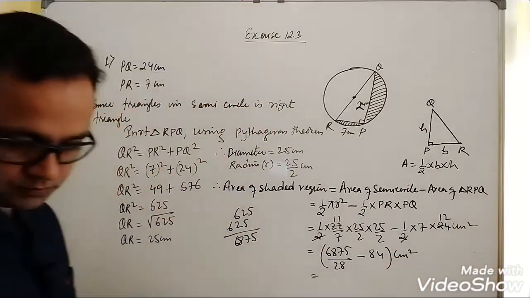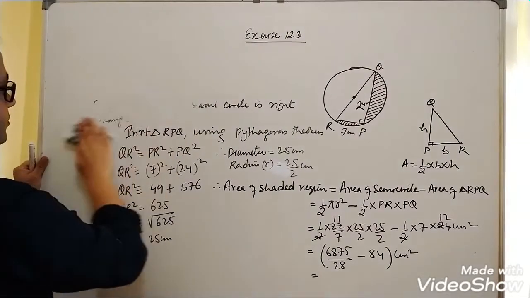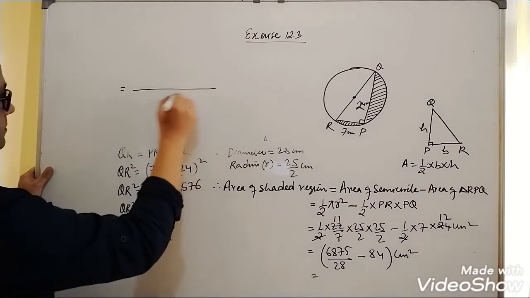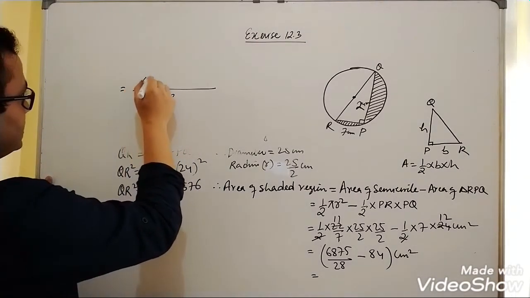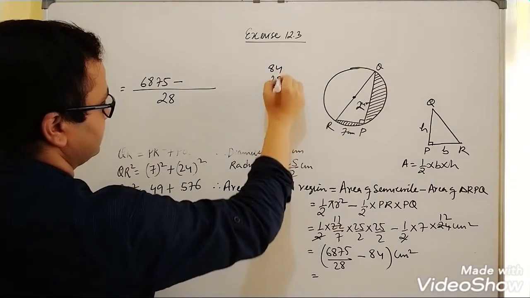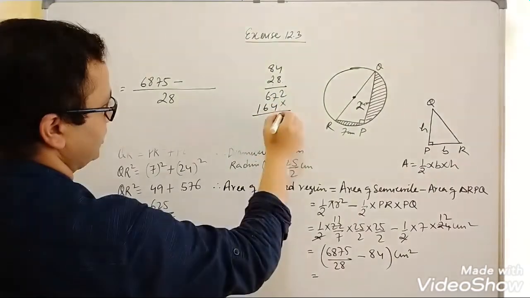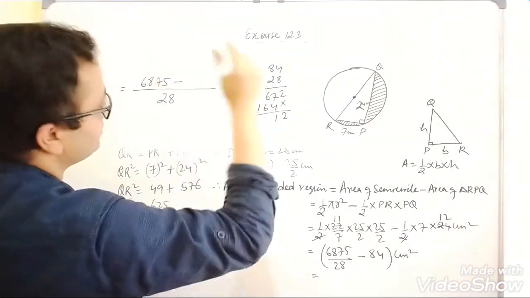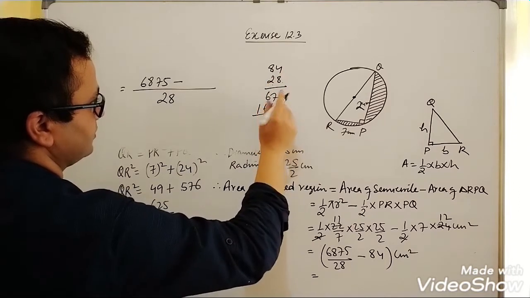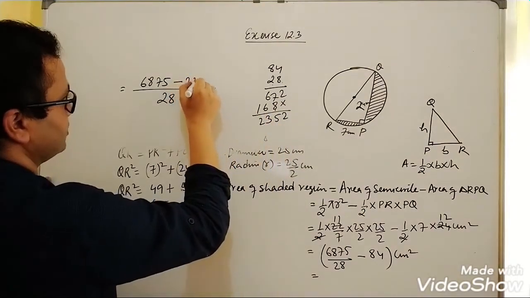So this equals, now take LCM 28. 6875 minus, now multiply 84 into 28, which is 2352.